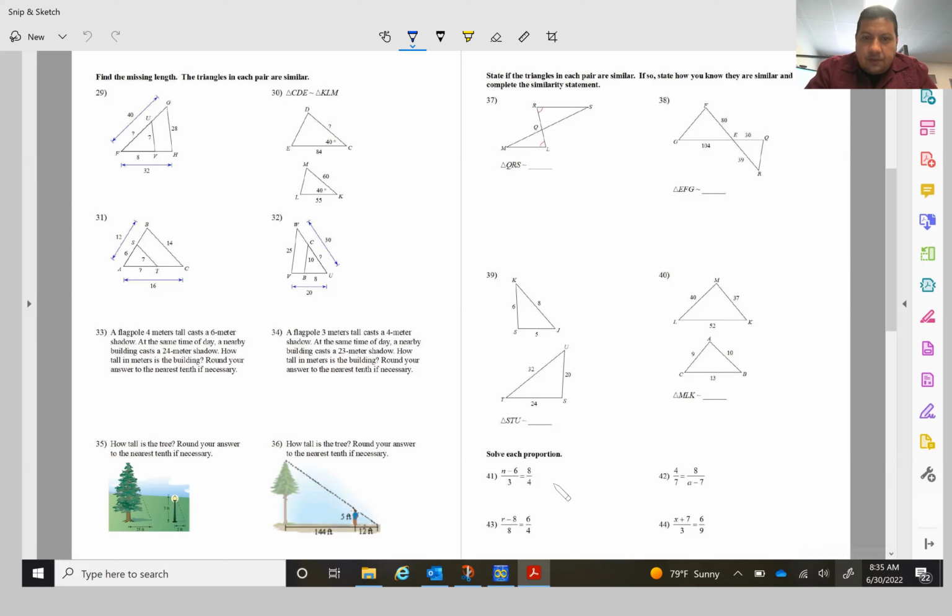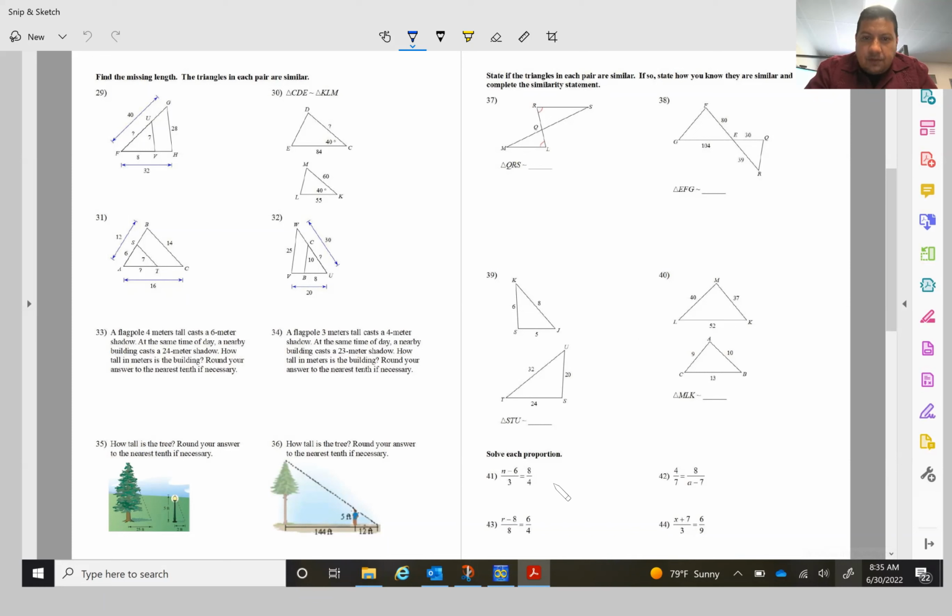At the same time, a nearby building casts a 24-meter shadow. These are not measured to scale, but there's a building and the shadow of the building is 24 meters.